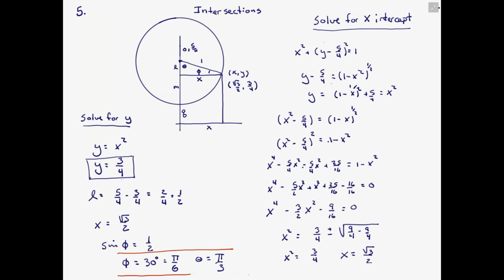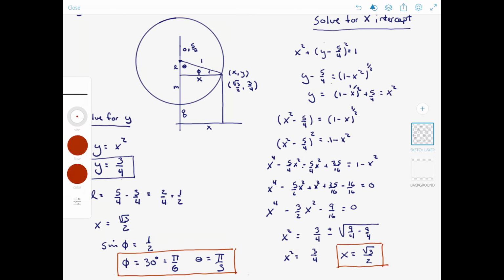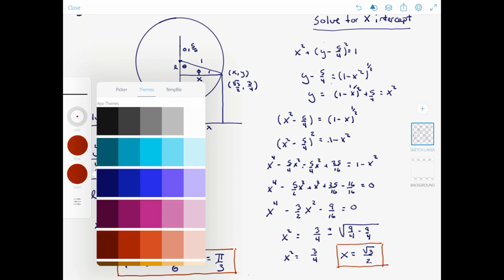I couldn't get the angles without first getting the intercept, because when you set up that triangle, you have to have the base, the height, and we know that the hypotenuse is 1. The base is x, which is square root of 3 on 2, and the height is 5/4 minus 3/4, which is 1/2.